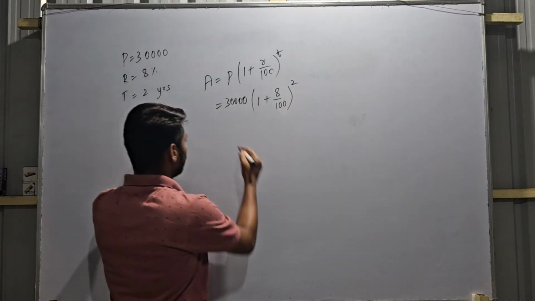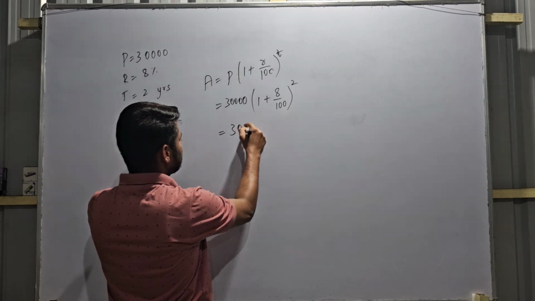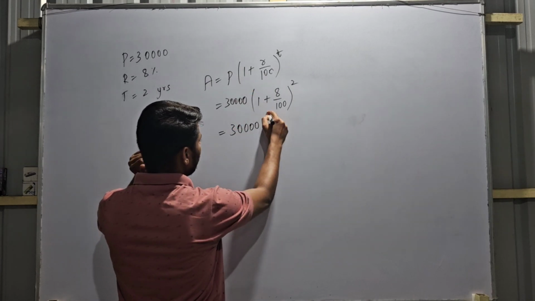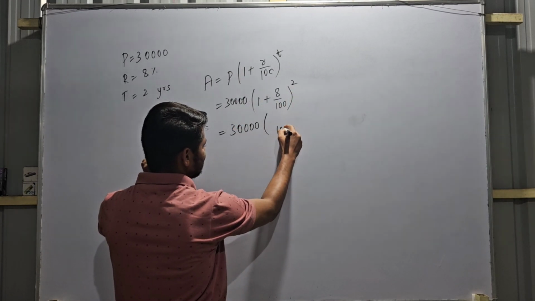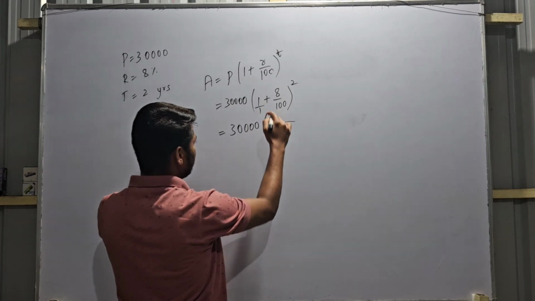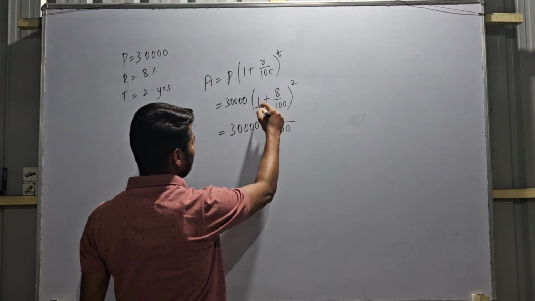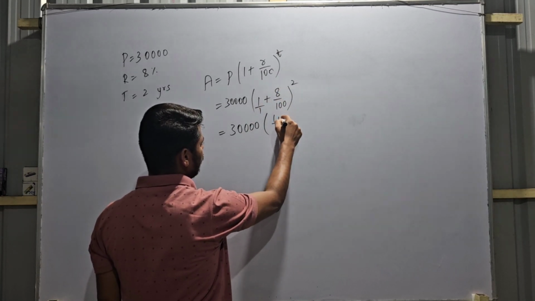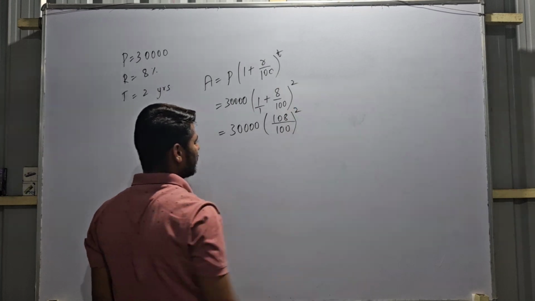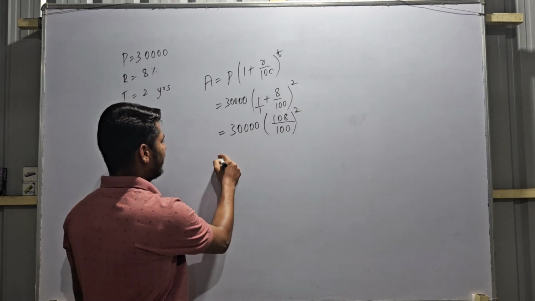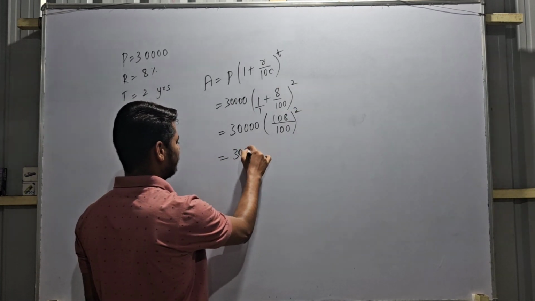Okay, so now 30,000 as usual. Here I'll take 100 as a LCM. Since there is no number, we'll take 100 LCM. So it will be 100 plus 8, that is 108, which is power 2. So 108 power 2, that is 30,000.